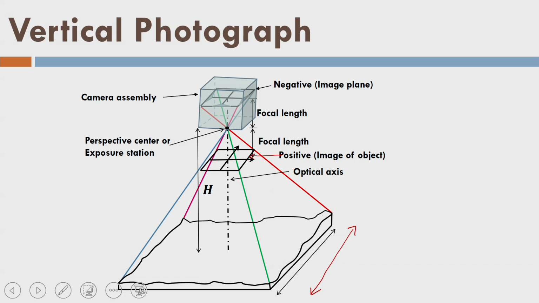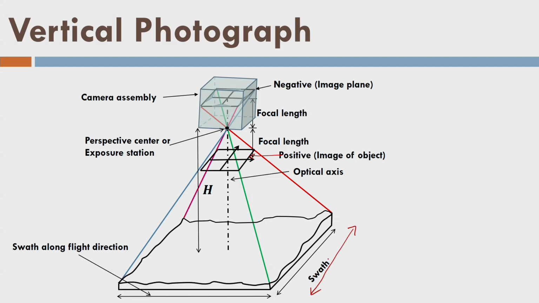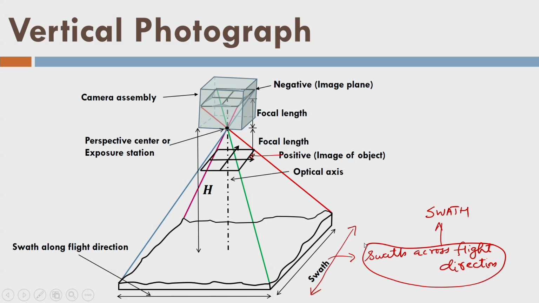That is my swath, as I already told. Well, what about this distance? This is also called the swath, but the swath along the flight direction. What we call swath is the swath across the flight direction, and generally we do not write across the flight direction, we only write swath.